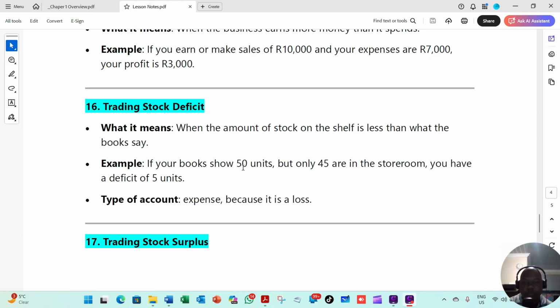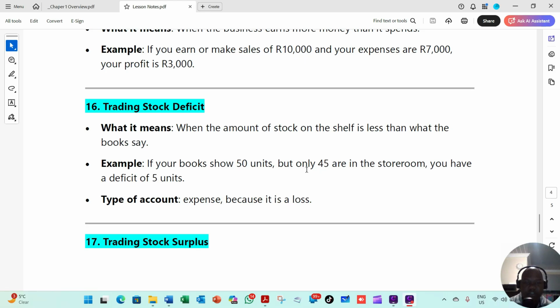no, I'm doing the opposite. I almost calculated trading stock surplus. So you go to the books and they show that you have 50 boxes of polish and they are worth 50,000, let's say. But when you go to the storeroom to count the boxes, you find that there are only 45 boxes and they are worth, say, 45,000.